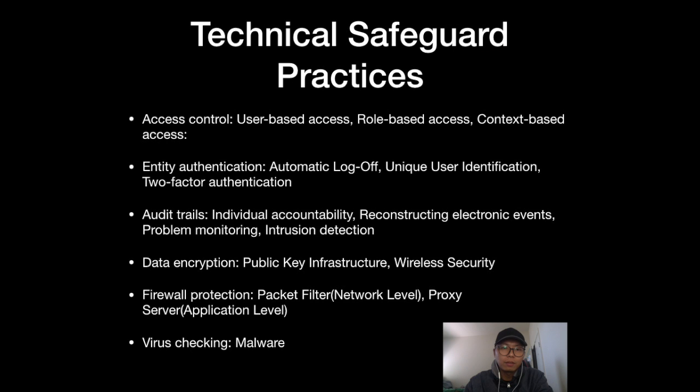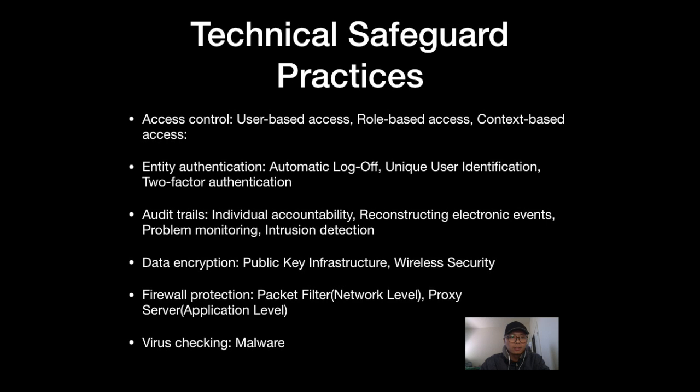In technical safeguard practice, many different technical safeguards can be used to help secure healthcare information systems and the networks on which they reside. Access control means only individuals with a need to know should have access to patient identifiable health information.